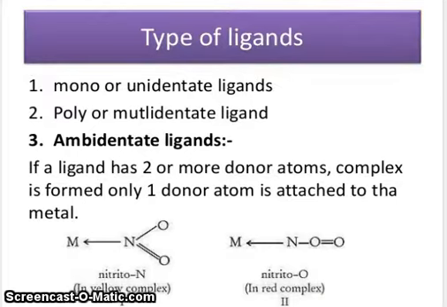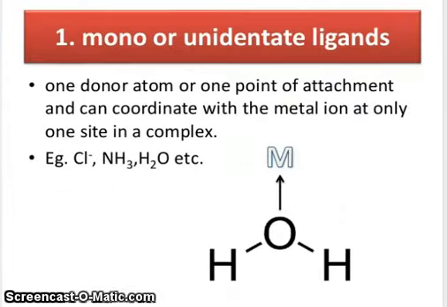Now, types of ligand: mono or unidentate ligand, poly or multidentate ligand, ambidentate ligand. If a ligand has two or more donor atoms, in the complex formed only one donor atom is attached to the metal.